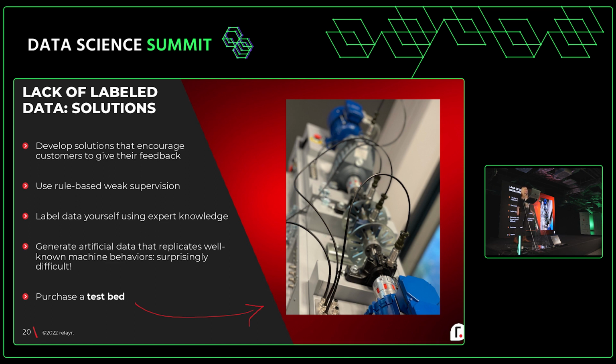You can label data yourself or use an expert. Creating artificial data sets is difficult, but you can also purchase a test bed. That's a shot of our test bed that we've recently purchased to produce and label data for yourself.